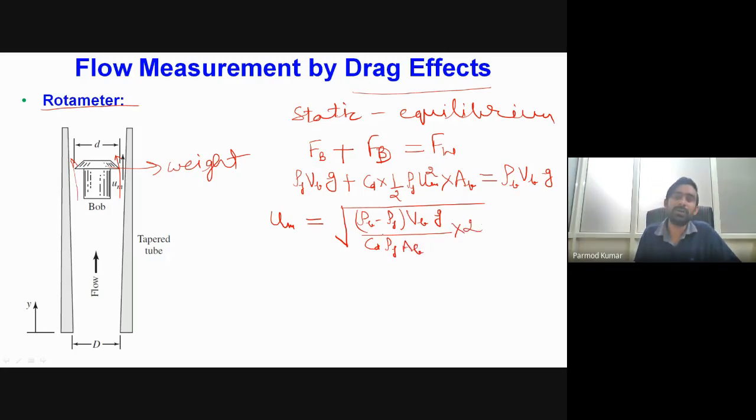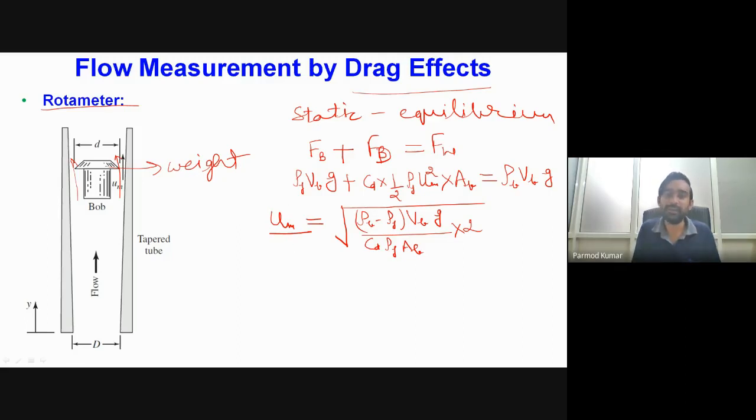Okay, so you can see that when we have the static equilibrium, it means we have the balance between the weight, drag and the buoyancy forces corresponding to that particular situation, because we have the specific shape of this floating object and it has a certain fixed amount of weight which is not changing during the measurement. Okay, so it means corresponding to the static equilibrium position, we will have only a fixed velocity um.